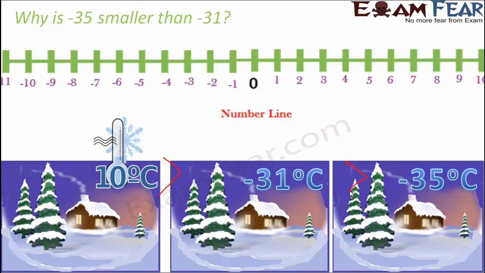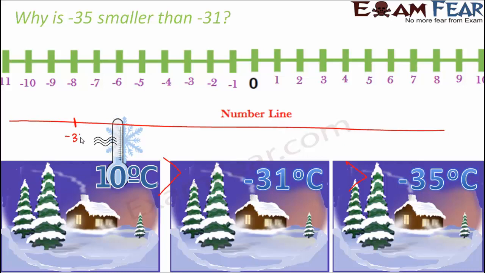And the same thing can be proved with the number line as well. Let us say this is our number line, and minus 31 is somewhere here. So where will be minus 32? Somewhere here. Minus 33, minus 34, and then minus 35. If you look at their positions, minus 31 is located towards the right of minus 35.